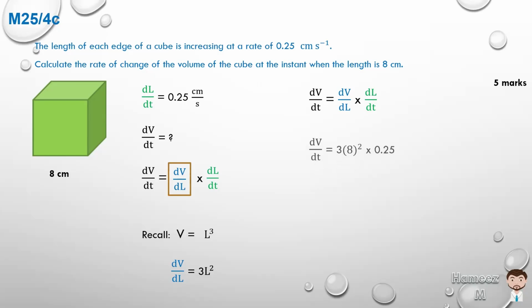So let's substitute 3L squared where L is 8. So we have 3 times 8 times 8 times 0.25, or a quarter. A quarter of 8 is 2. 2 threes are 6, 6 eights are 48 centimetres cubed per second, because it's volume per second.